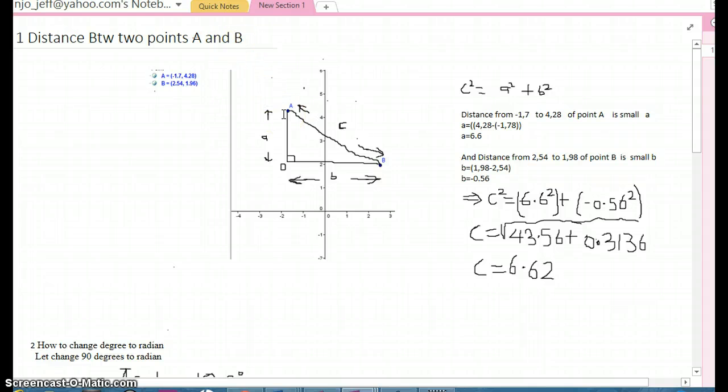So if we look at this figure, we are given points A and B, which form a straight line.